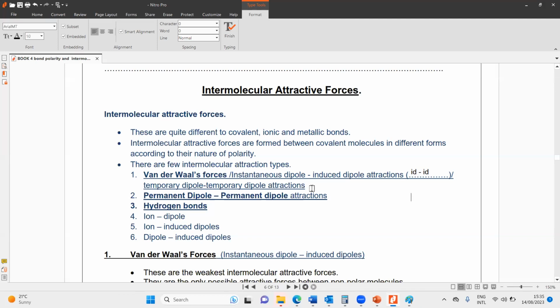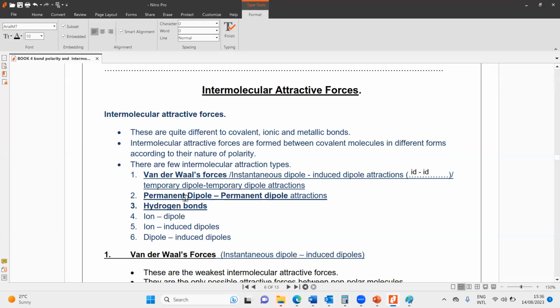First ID means instantaneous dipoles. Second ID means induced dipoles. ID attractive forces also have another name, temporary dipole attractions. Okay, what are the names? Van der Waals forces. We discussed instantaneous dipole, induced dipole, the same thing. Temporary dipole is the same thing.